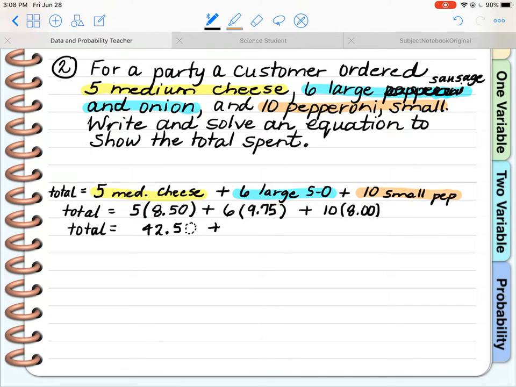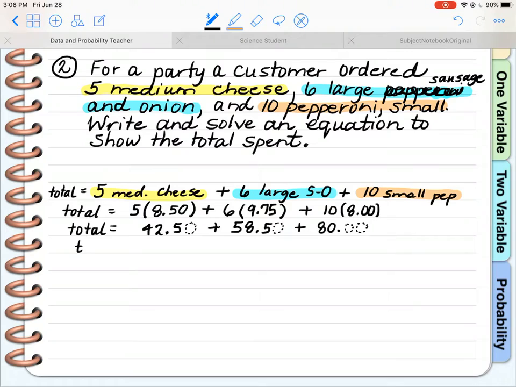And then $9.75 times 6 is $58.50 for the large sausage onion. And then 10 times $8, that's $80 for the small pepperoni. So we're getting there.